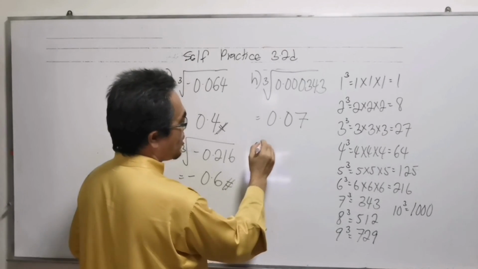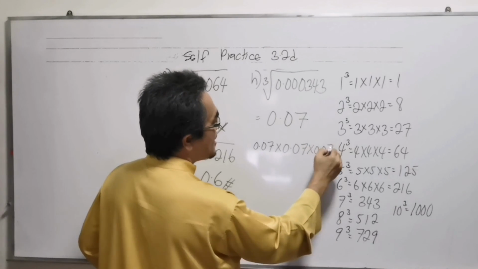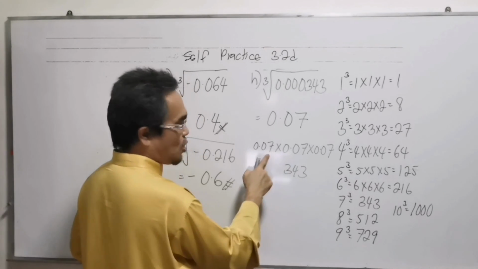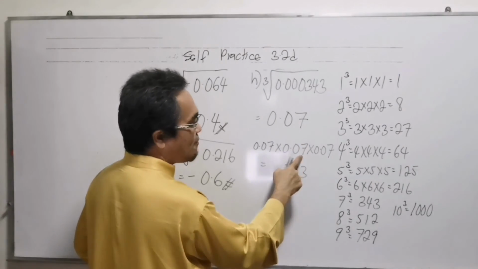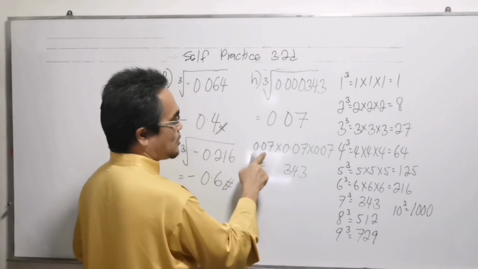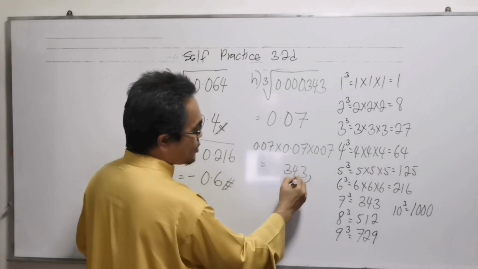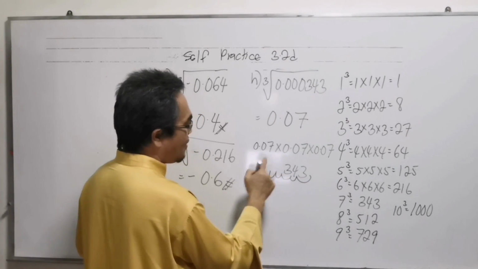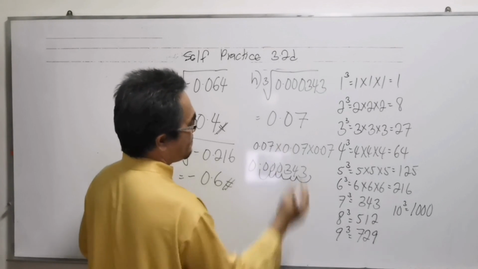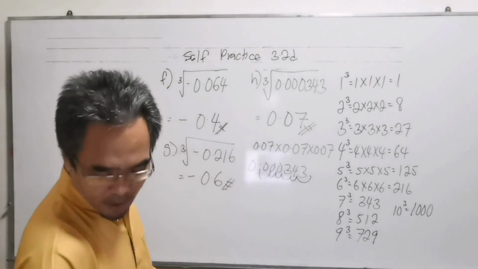Because 0.07 times 0.07 times 0.07 will be 343. Because I multiply 7 times 7 times 7, but there are 2 decimals, 2 decimals, and 2 decimals there. So I move 6 decimal places, 1, 2, 3, 4, 5, and 6. Dot, put all the zeros there. So this is the answer for H.